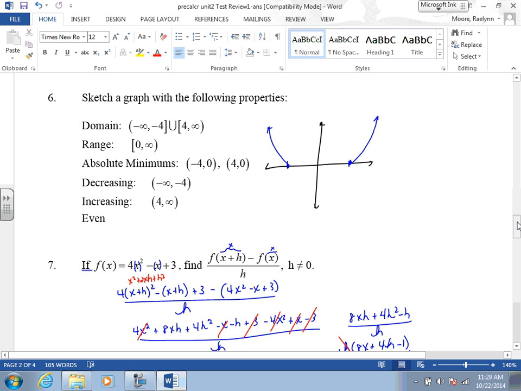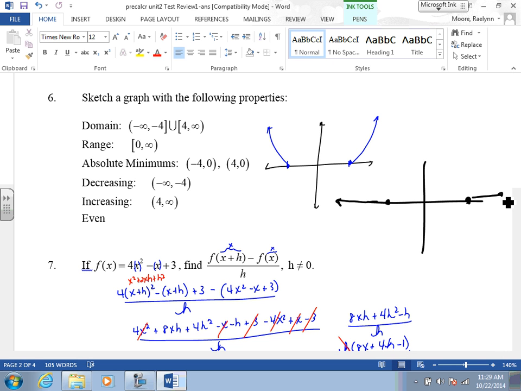Your domain, what's happening, a good way to start is to start with your domain. Your domain was solid at the 4 and the -4. Your domain is this way and this way. So you know your graphs are not happening in the middle, right? This is where your domain is. Your range is from here on up. So you know your graph is not happening down here.